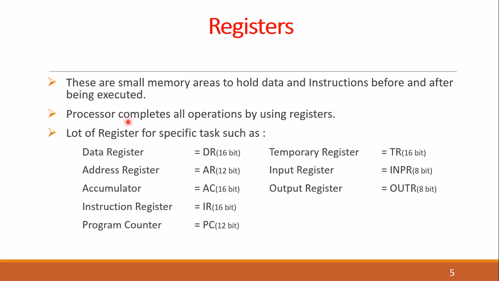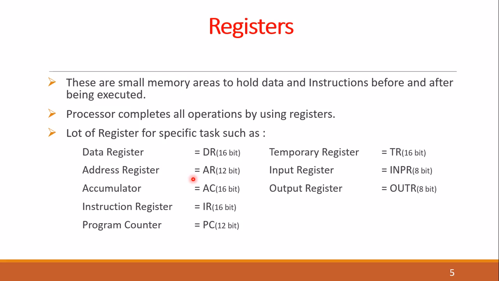And then the address register, its capacity is about 12 bits. We indicate this as capital AR. This holds the addresses for the memory locations. We also indicate this as MAR, the memory address register. This register is used to access the data and instructions from the memory during the execution phase of an instruction.